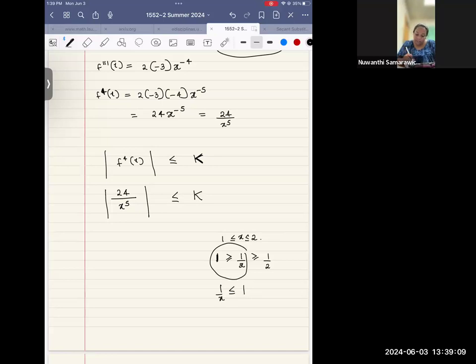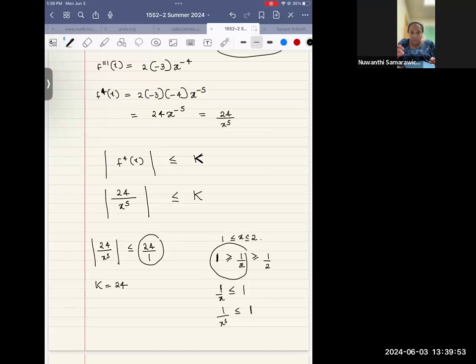That means 1 over x to the power 5 is also less than 1, because 1 over x is less than 1. So 24 over x to the power 5 should be less than 24. So we can assume k to be 24, right?